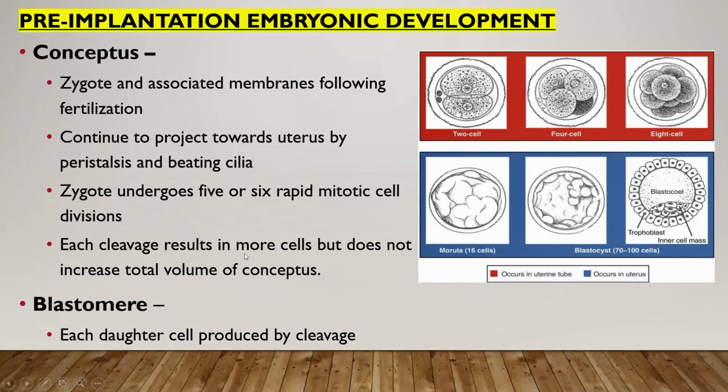and each cleavage results in more cells but does not increase the total volume of the conceptus. So you can see here the conceptus is of the same size, but continuous mitotic cell division is happening, and each daughter cell which is being produced is known as a blastomere, produced by the cleavage.